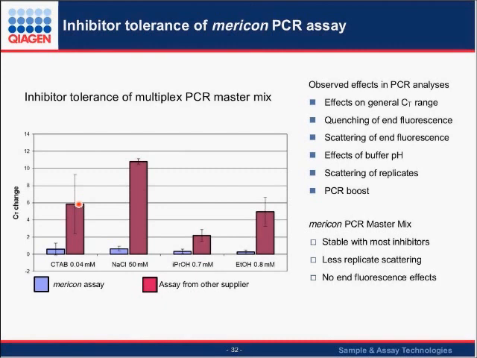And a CT of 34 is getting into the point where it becomes more and more difficult to actually see your DNA. Sodium chloride moves it 11 CTs to the right, which means basically you won't be able to see your product unless you have a really, really strong sample. And isopropanol, you still have a CT change to the right of a couple of CT units, and ethanol about 5 CT units. So all of these really point out the importance of having a good multiplex master mix.